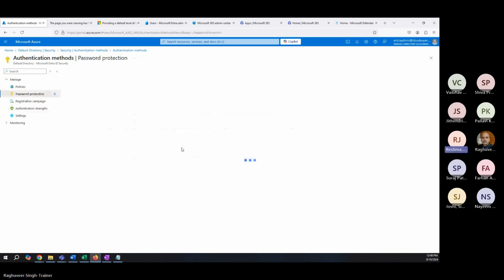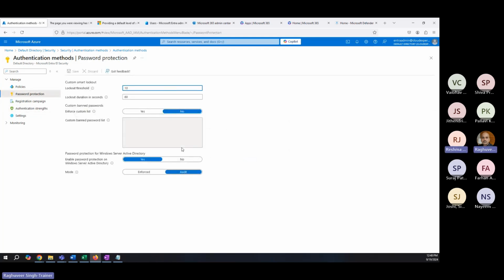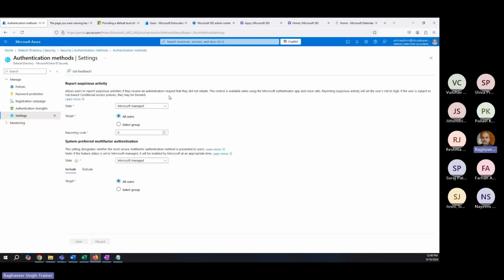Raghuveer, I had a question here. For the password protection, we cannot configure any length, right? What is the minimum length of the password that should be adhered to? Such things are not possible in Azure, right? No, that is absolutely possible. I need to see. It used to be here only. You can provide the minimum and maximum password strength, password expiration, all that you can configure.